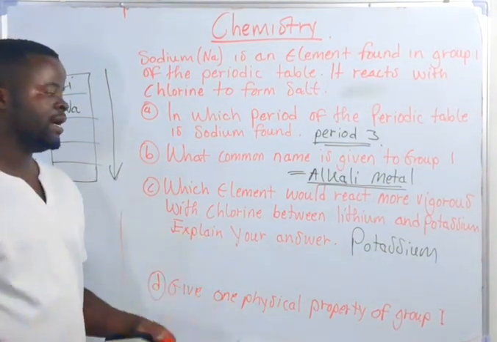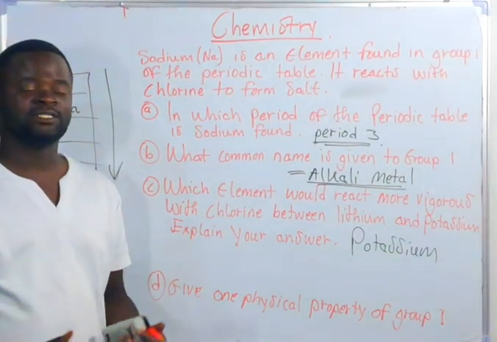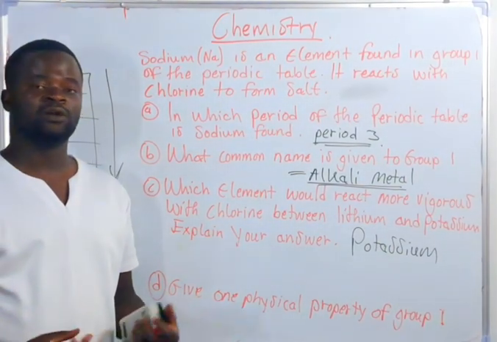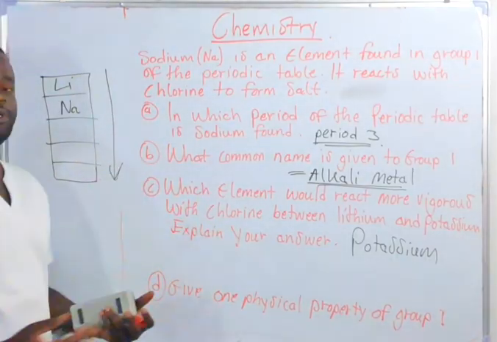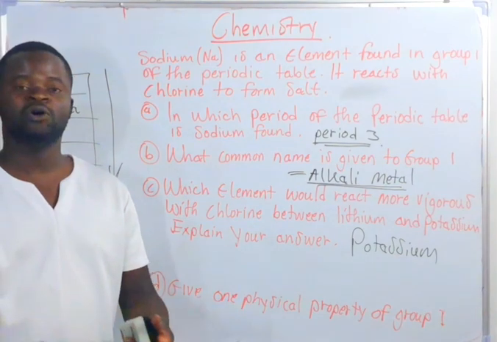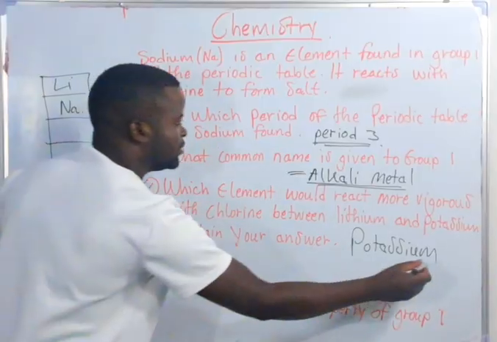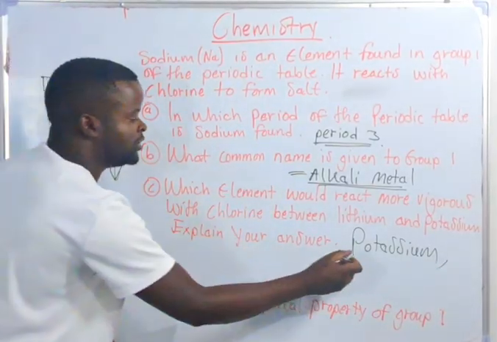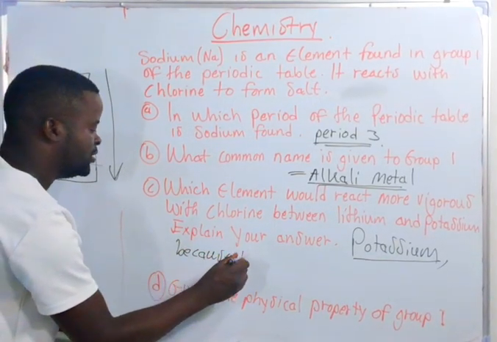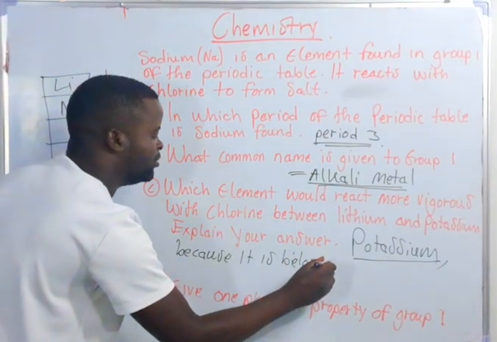Potassium will react more vigorously with chlorine. And what is the reason for this answer? The reason is very simple: potassium is below lithium in group 1. Therefore, it is more reactive than lithium. So the metal that is going to react more vigorously is potassium, because it is below lithium.